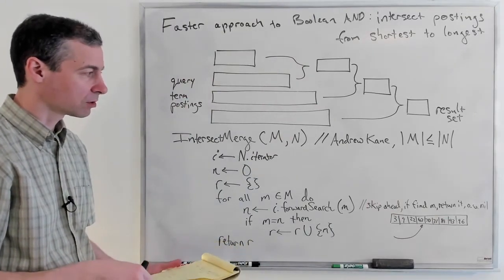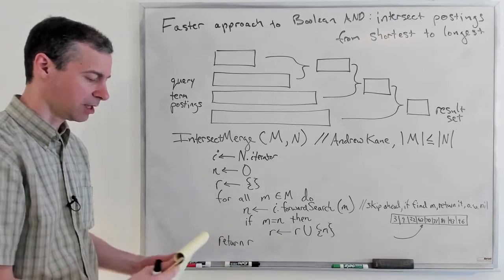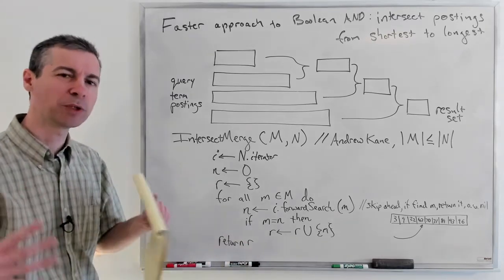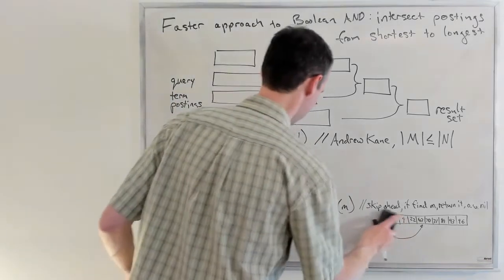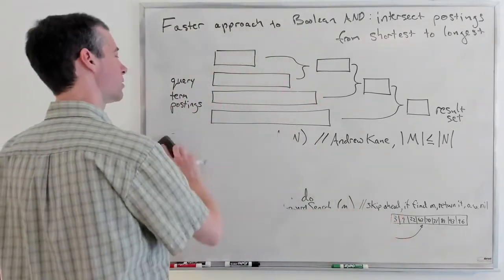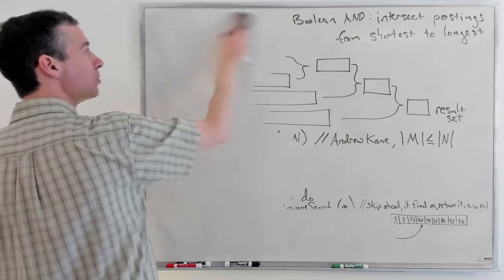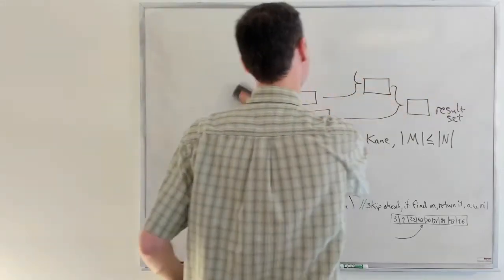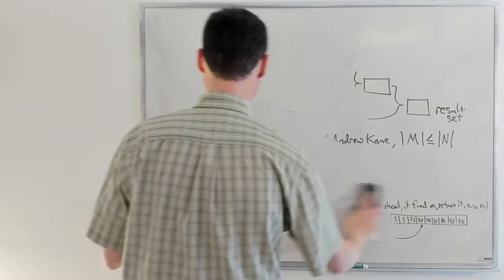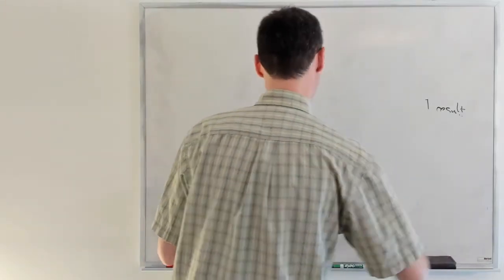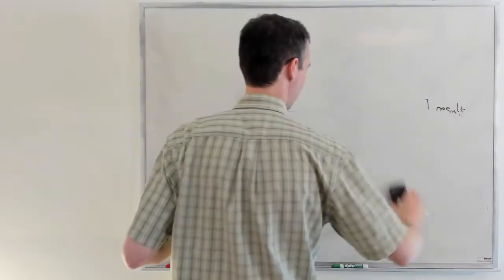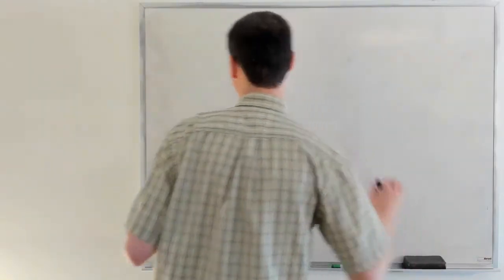So you might like to actually see something that's a little bit closer to your own postings list rather than this abstract sense of how to intersect two lists, if you wanted to use this sort of approach or try it. And for this, I have some code that comes from an information retrieval textbook by Christopher Manning.